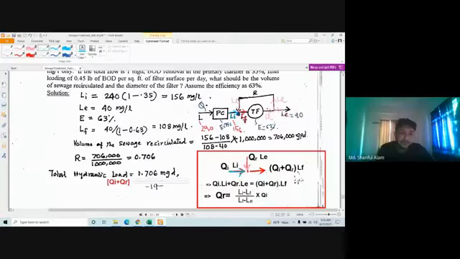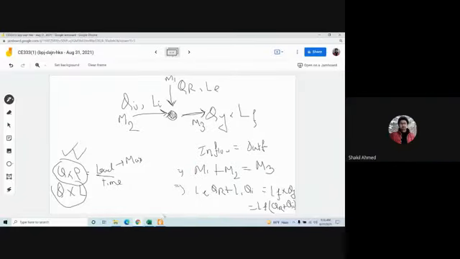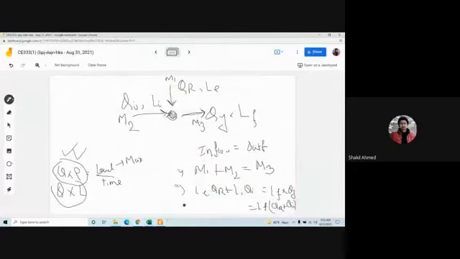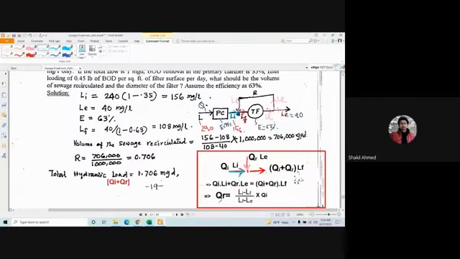Yes, sir. So if you reorient this equation, from here you have LE into QR plus LI into QI equals LF into QR plus QI. If you reorient this equation, you will get QR, which will be this.